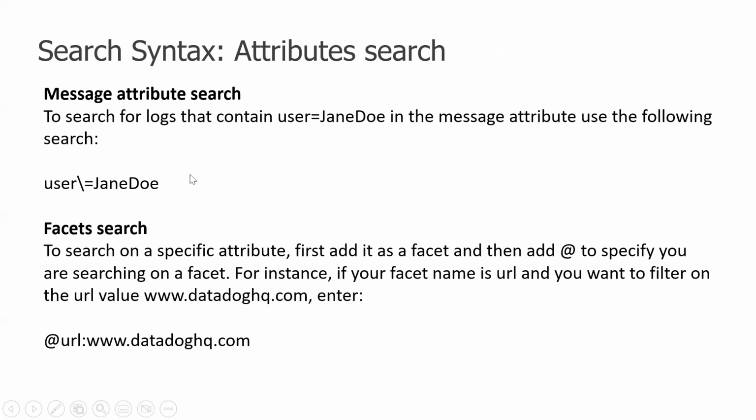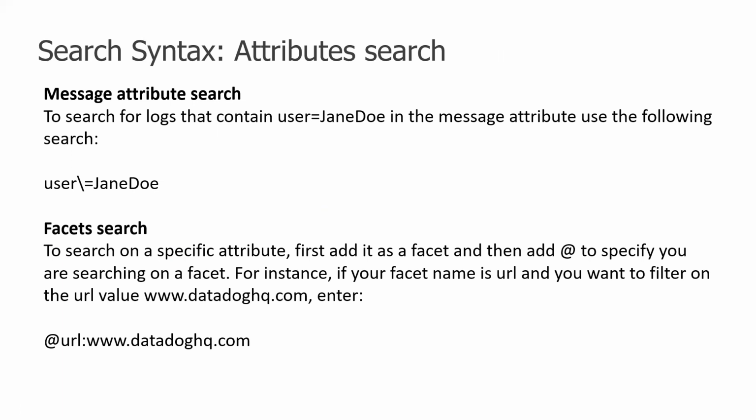To search for logs that contain user is equal to Jane Doe in the message attributes, use the following search. You can also do the facet search. Facet search means to search on a specific attribute. First add it to a facet and then add the at sign to specify you are searching on a facet.